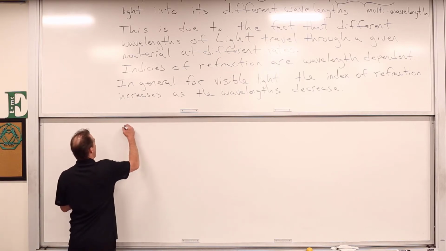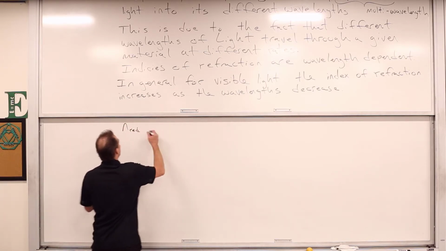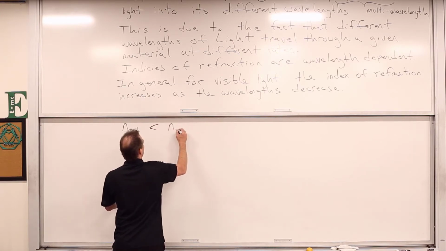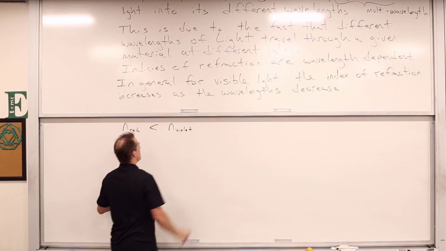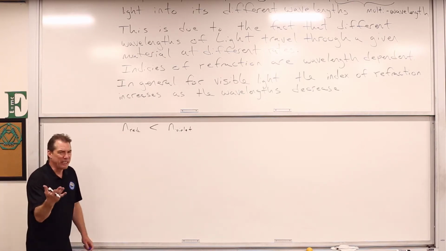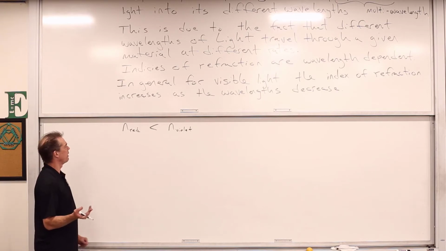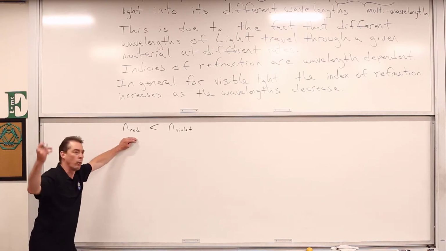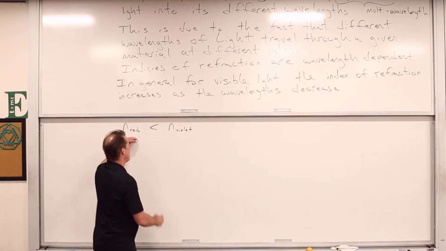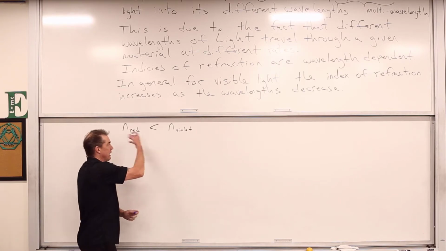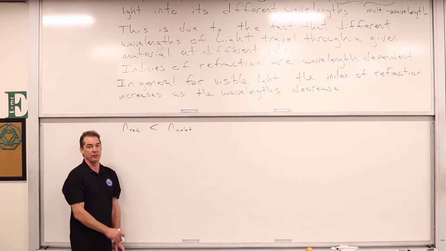So we have n sub red is less than n sub violet for given materials. There's generally a spread. It's usually not linear, it really depends on the material, but there's some sort of spread where you have red is say 1.49 and violet is 1.51 for instance, and everything else falls in between those two values.